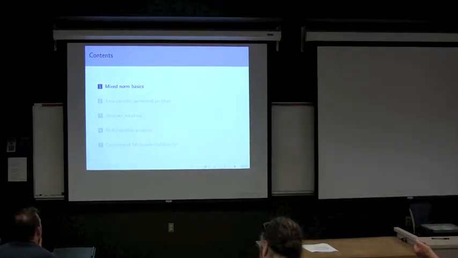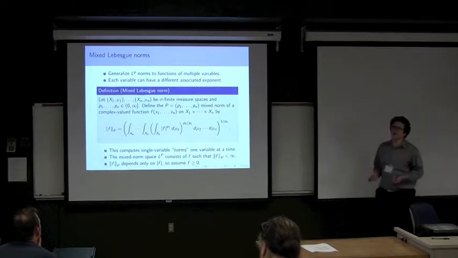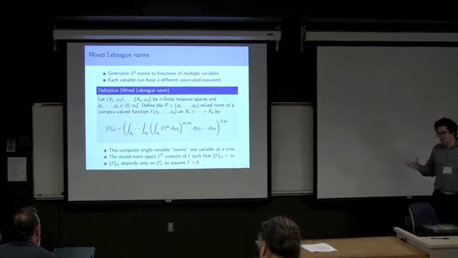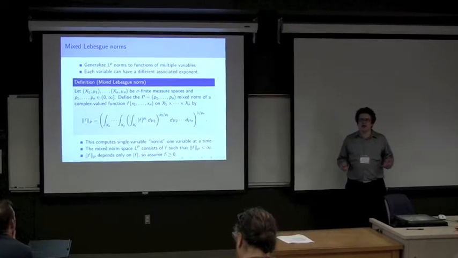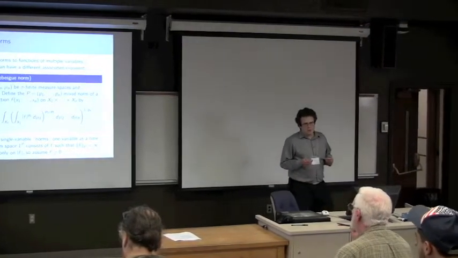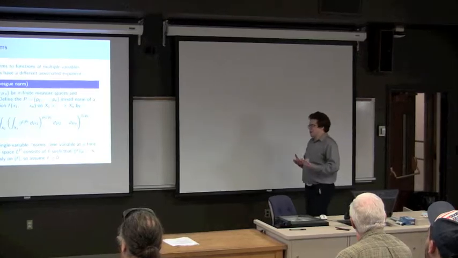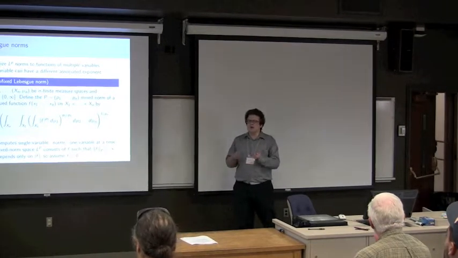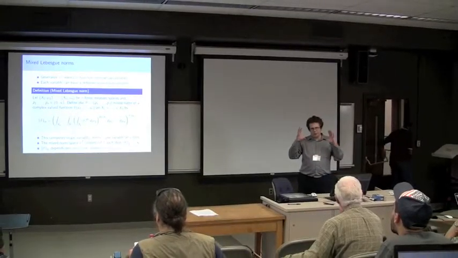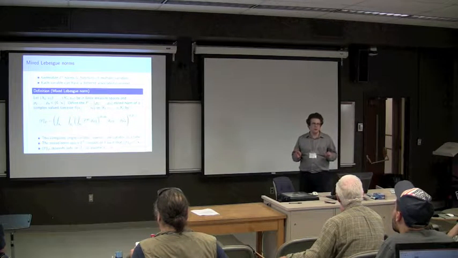But let's get started. From the top, we're interested in mixed norm spaces, what we call mixed Lebesgue norms. You may be familiar with the L^p spaces, a very standard function space. Mixed norm spaces are like L^p spaces, except that in L^p you have a single exponent, say L1, L2. For mixed norms, you have a function of multiple variables, and with each variable you associate a different exponent.